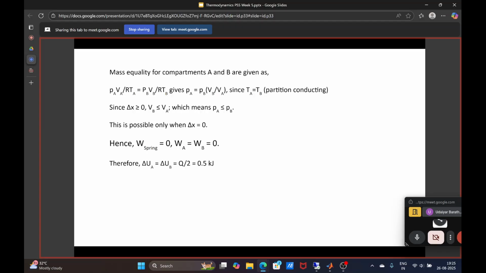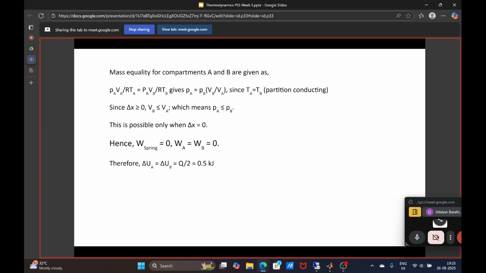When we plugged that assumption into the mass balance equation, we saw that pressure A is lower than pressure B. But if that happens, the force is not balanced, and that can only happen when the spring, instead of compressing, is elongated, which is contradictory to the initial assumption of spring compression. So this too is not possible.